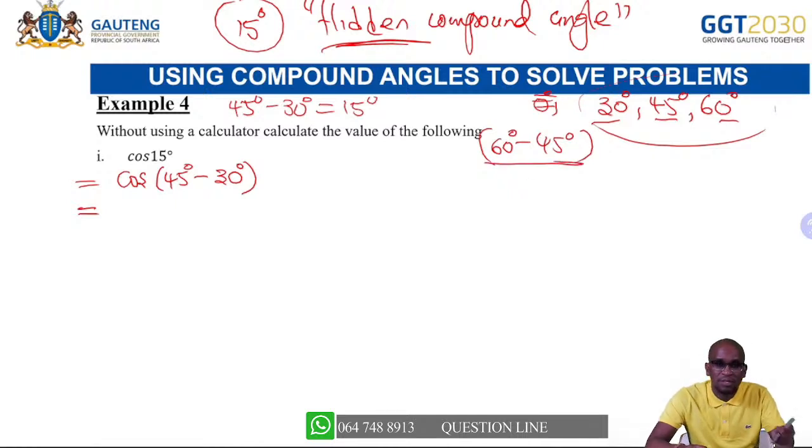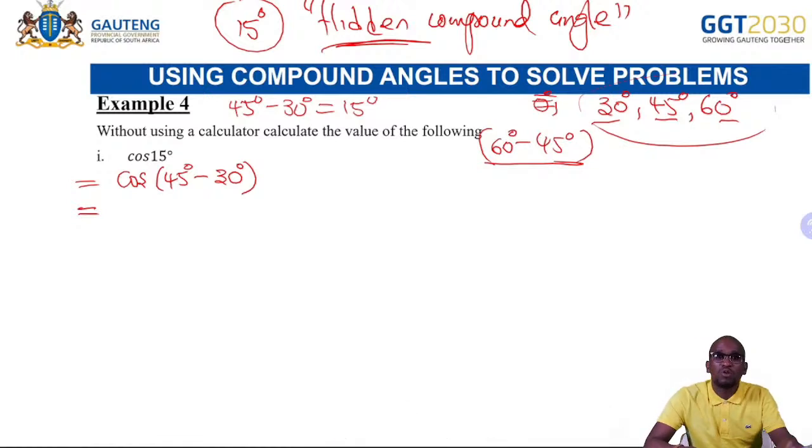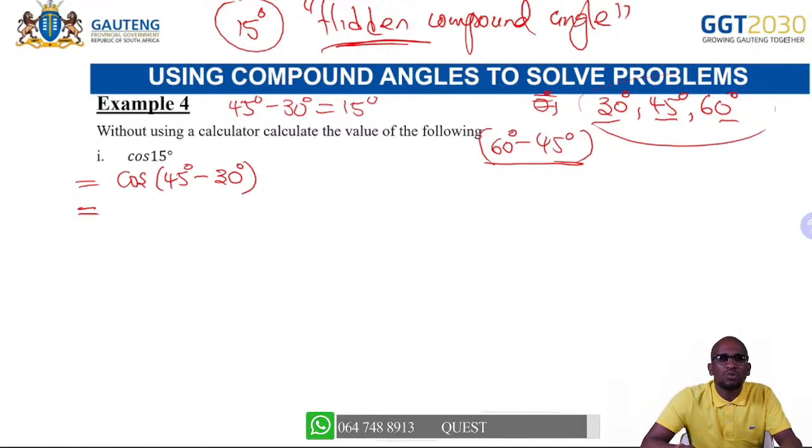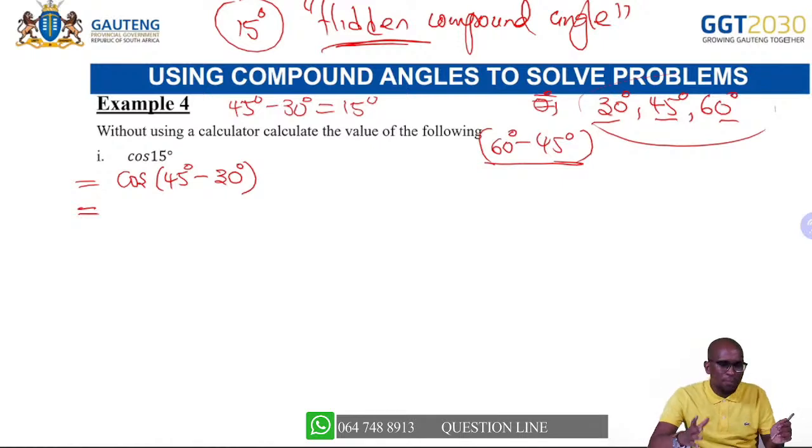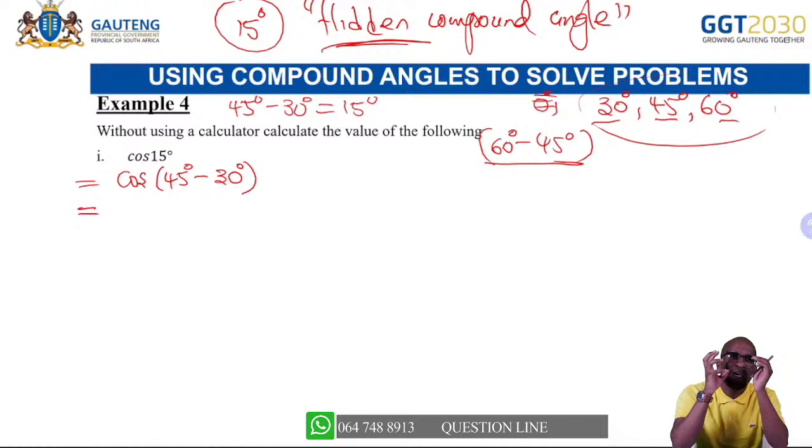We will not use the 60 minus 45. You can use that in your spare time. It will give you the same solution that I will get here, because 60 minus 45 is also 15.